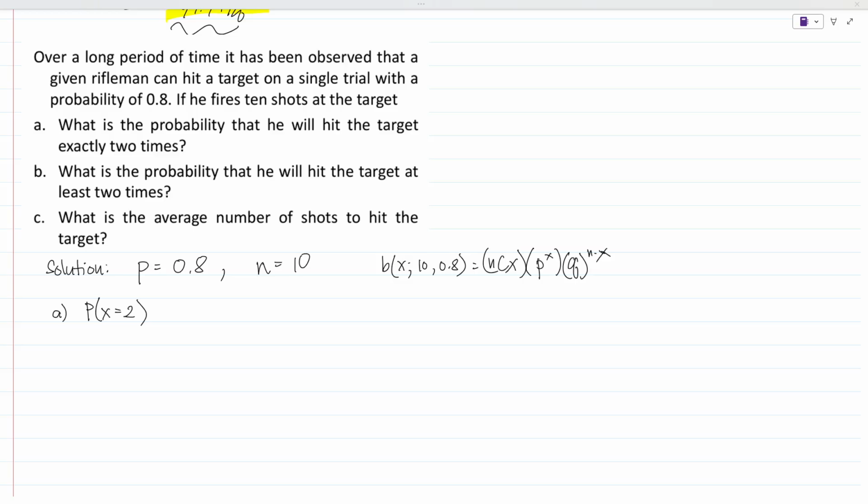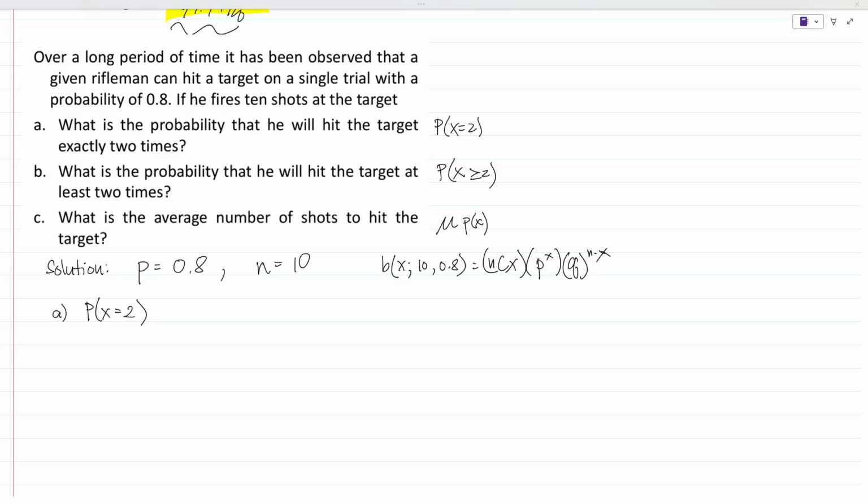Yun hinahanap dito sa letter A. Sa letter B, probability of x is at least 2 times, so greater than or equal to 2. And then, what is the probability that the number of shots to hit, or the average? Average naman siya. Okay? Gawin tayo.